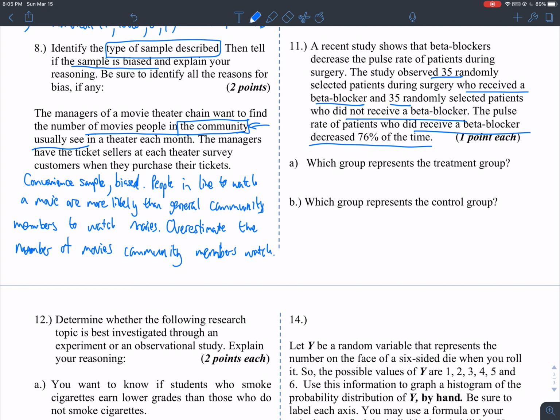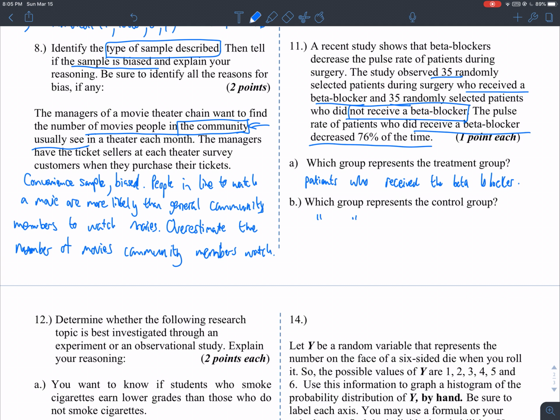So, imposing a treatment means I make someone do something, I give them something. And so in this case, that would be the patients who received the beta blocker. Okay. So, patients who received the beta blocker, and control would be the people who did not receive the beta blocker.